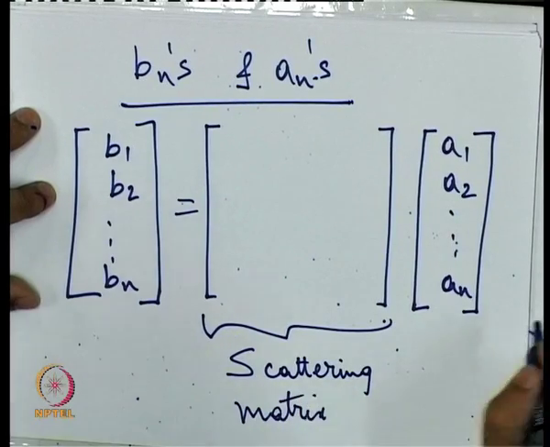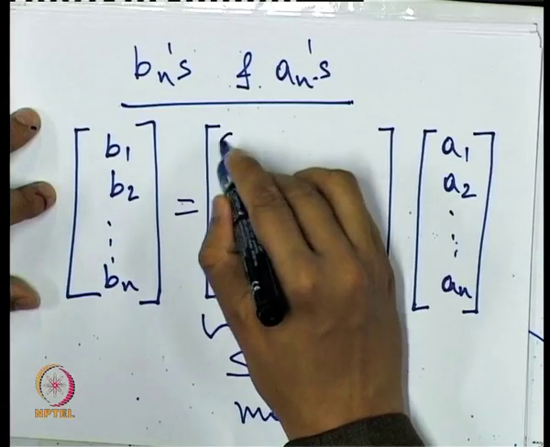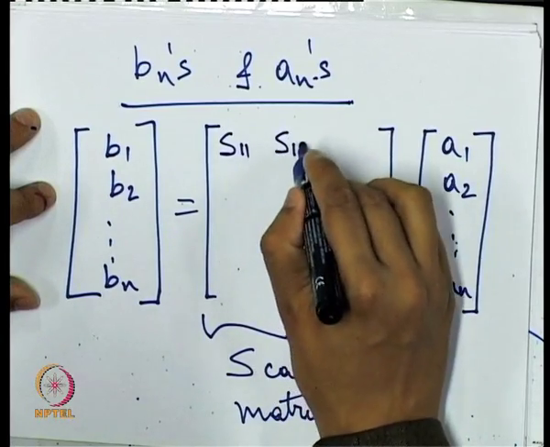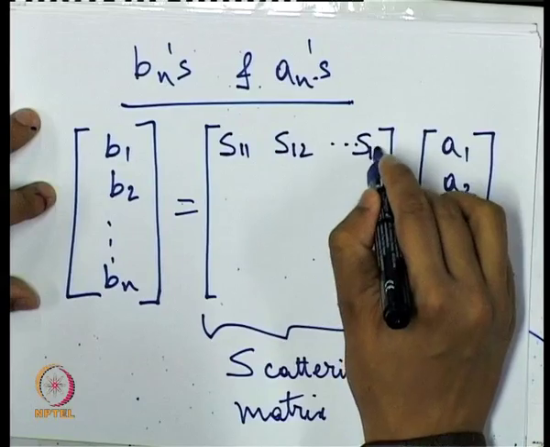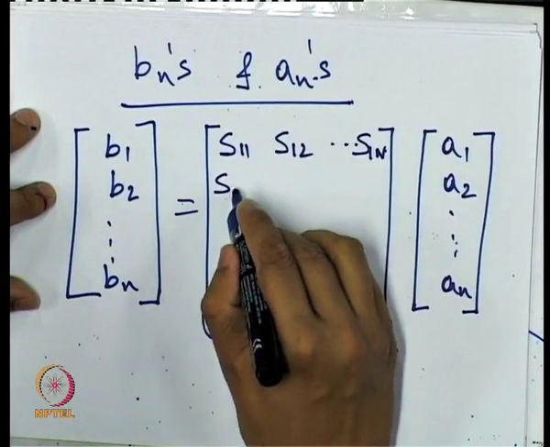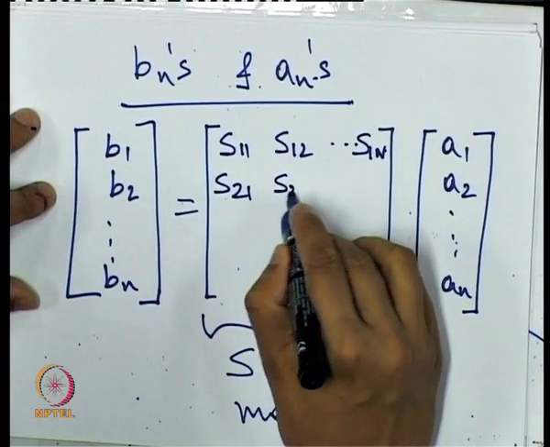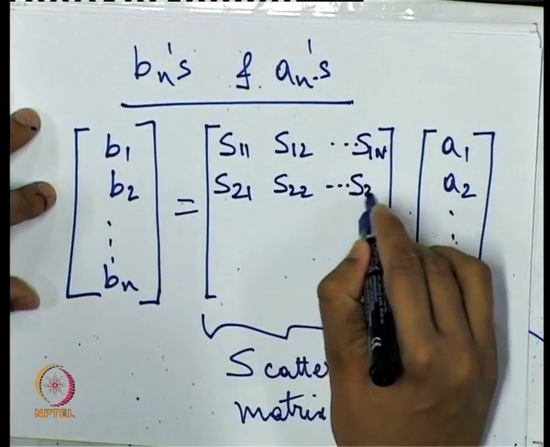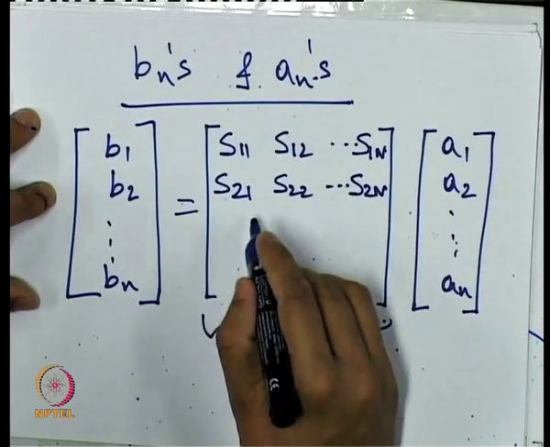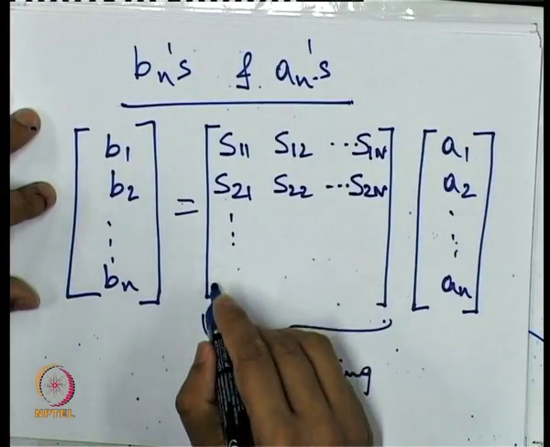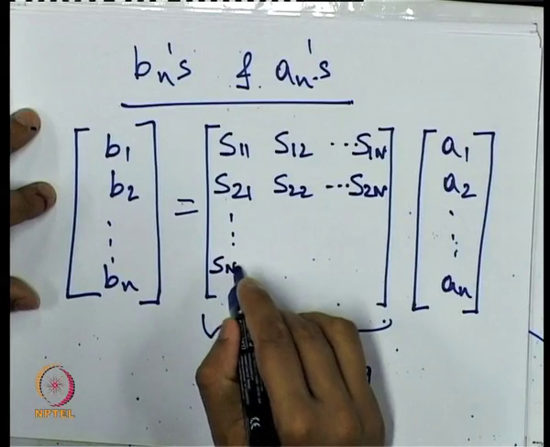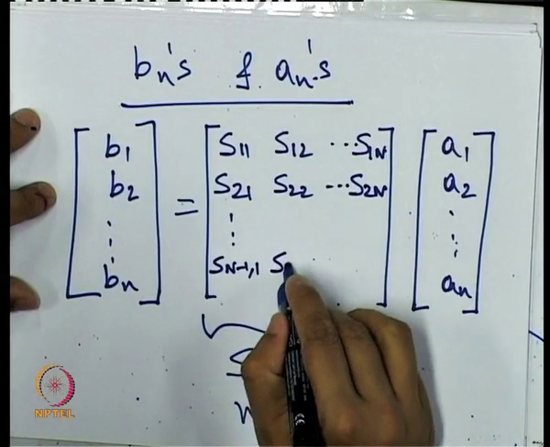So we see that just like the impedance and admittance matrix, this is also a matrix that relates two circuit elements or two circuit parameters. Of course, here the circuit parameters are defined in terms of power rather than voltages or currents.